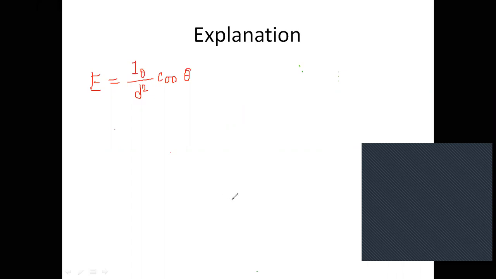The maximum illumination occurs when the element of the area receives the light flux normal to its surface. Okay, it is maximum, but if you tilt, then it will not be maximum. Then the cosine factor comes in.